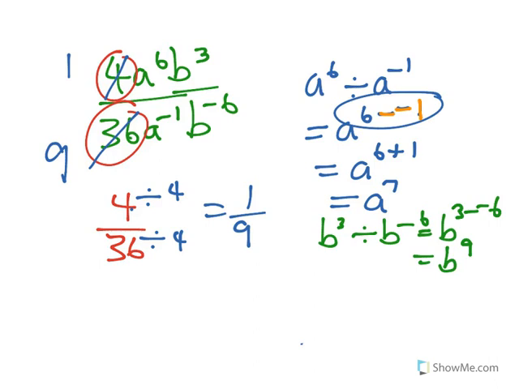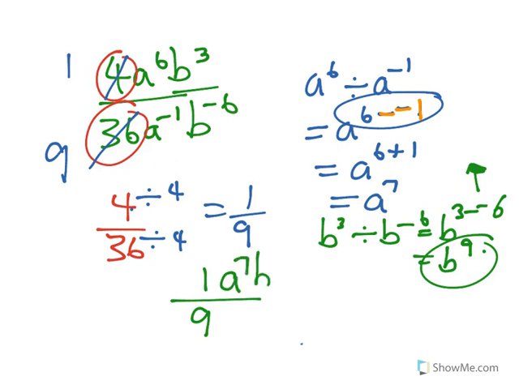So if I take away -6, basically it's going to go up. All right, so that's going to make it +9, because it's going to be 3 plus 6. Okay, so what do we have here now? We have the 1 on the 9, we have A to the 7, and we have B to the 9.